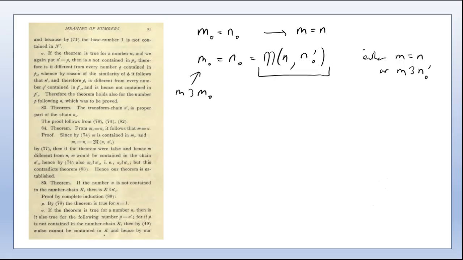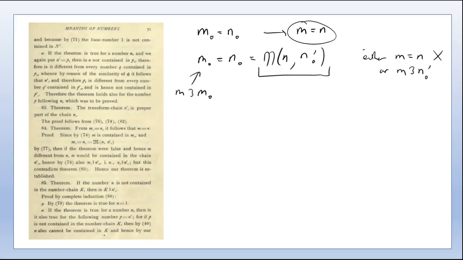In this particular case, we've got two systems, one system of which is composed of a single element, and that's the system N. So if we're denying that M is equal to N, in other words, we're saying M is different from N, then we don't have this case, right? So therefore, M must be an element of the transform chain of N.